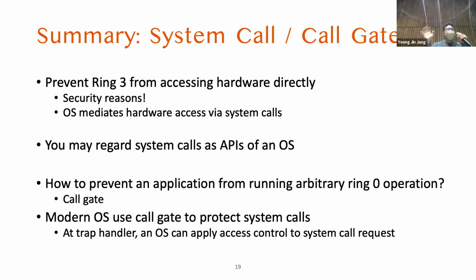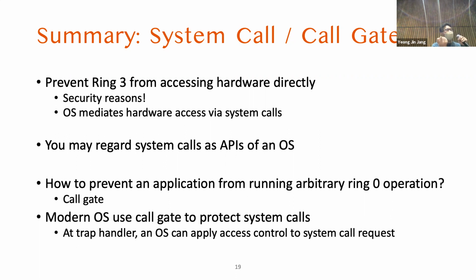The way of implementing a call gate is to create only one way to get into the system call. Right now we are doing that with interrupt handling, but it could get a little faster by using new instructions such as syscall, sysret, or sysenter, sysexit.